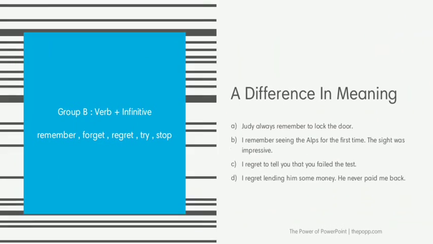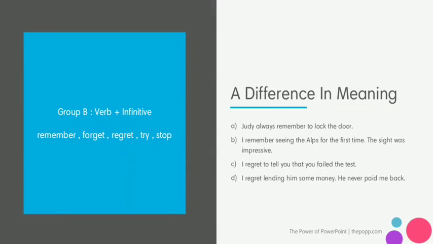Next, Group B, verb plus infinitive with a difference in meaning. The verbs are remember, forget, regret, try, and stop. The example: Judy always remembers to lock the door. I remember seeing the Alps for the first time.